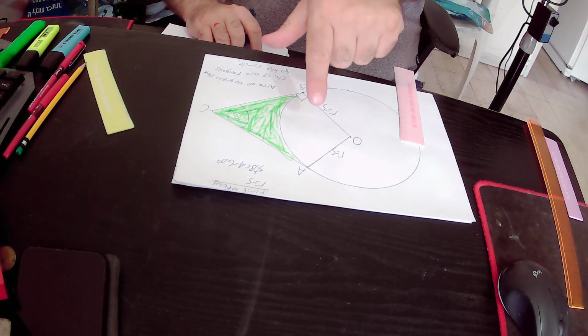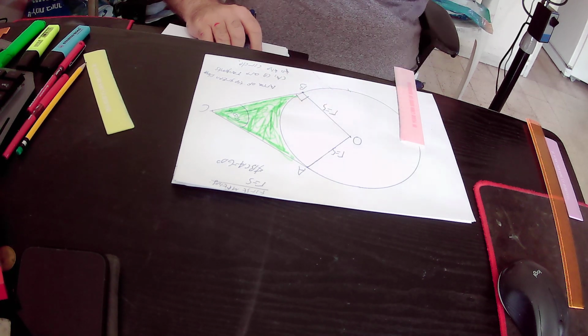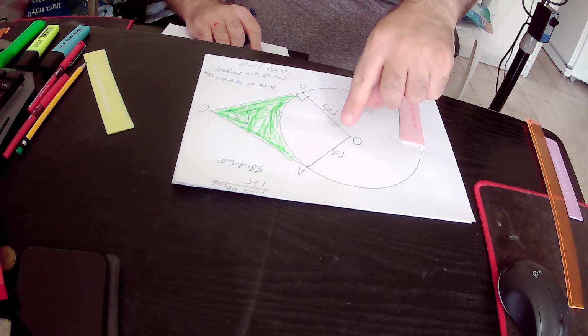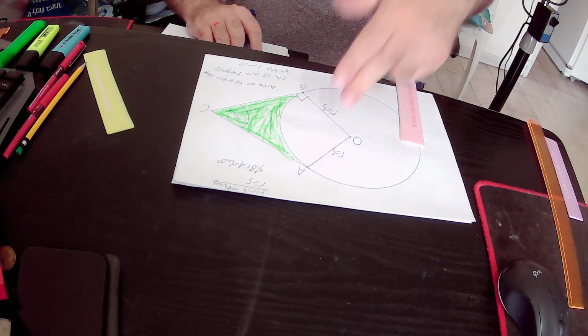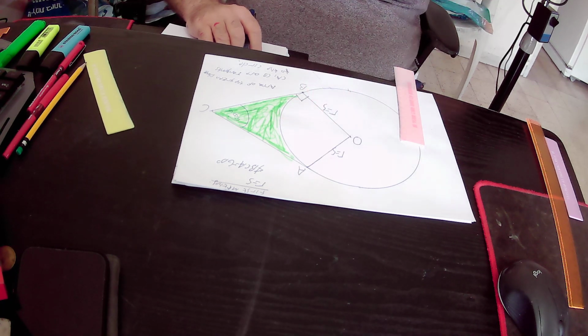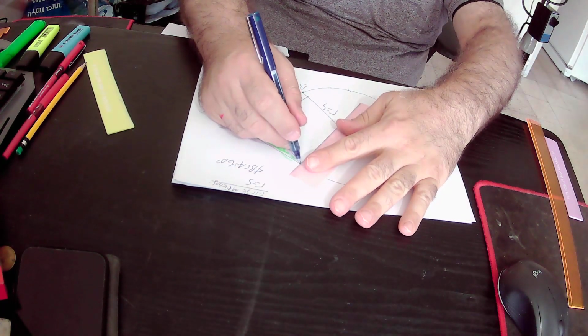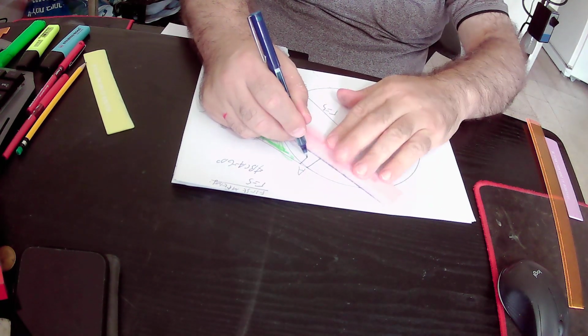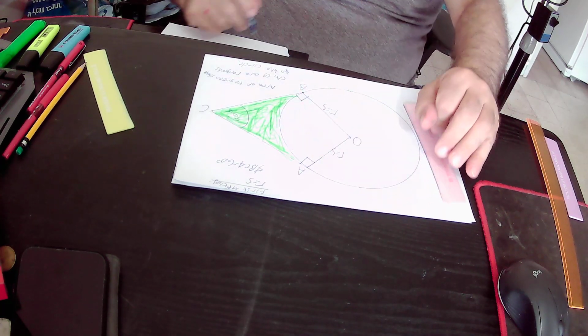We have tangent CA, tangent to this circle at point A, and we have this radius that is drawn to the point of tangency. Actually it touches the point of tangency. Therefore the tangent is perpendicular to the radius, that is to say this angle equals 90 degrees. It is a right angle.